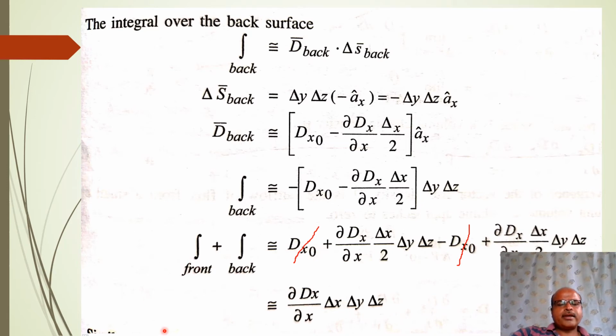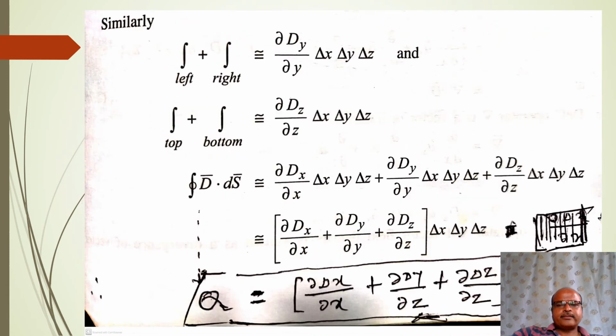So we have solved here integral front plus back, which comes ∂Dx/∂x ∂x ∂y ∂z. Then next, similarly, after solving for front plus back, you can write the equation for integral left plus right.